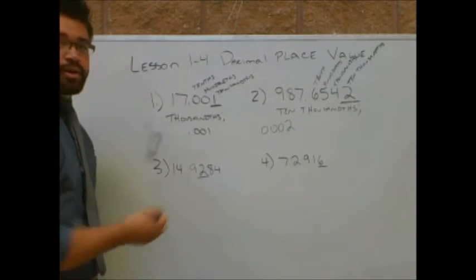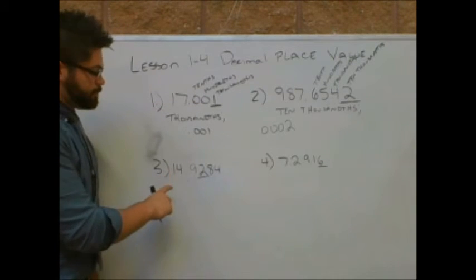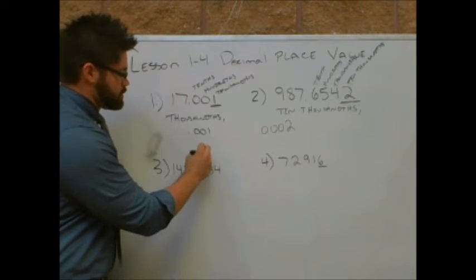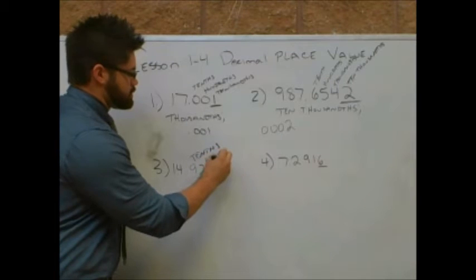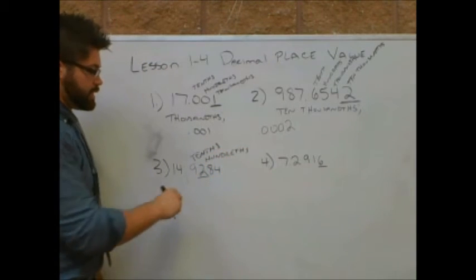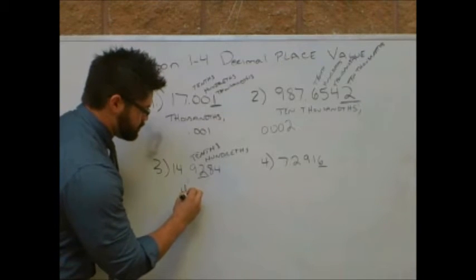Now let's come over here to 3. I know we're going back and forth. It's like a track meet over here. We've got the tenths, the hundredths, and I get to stop there because there's a 2 in the hundredths place.